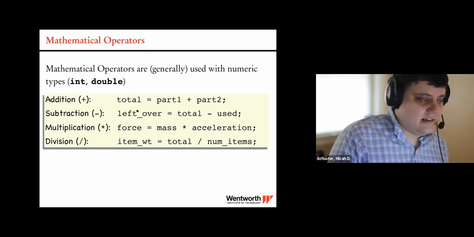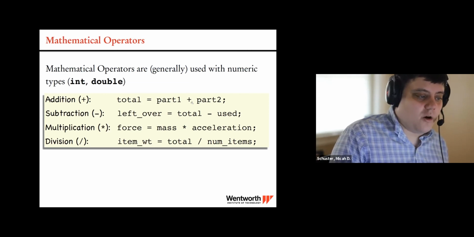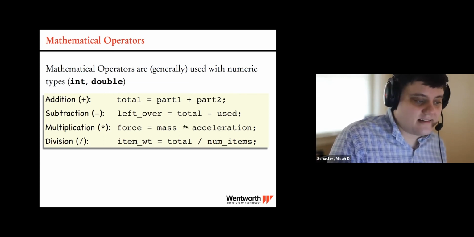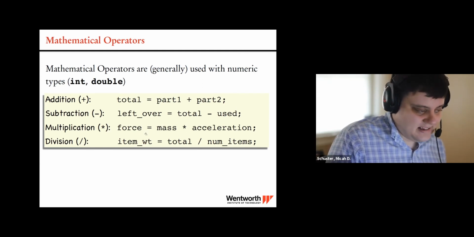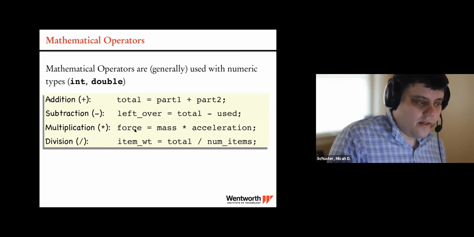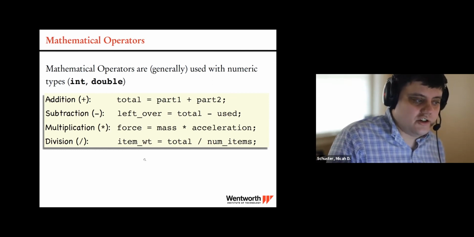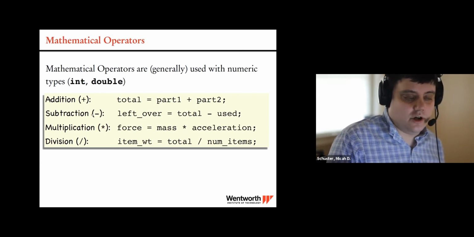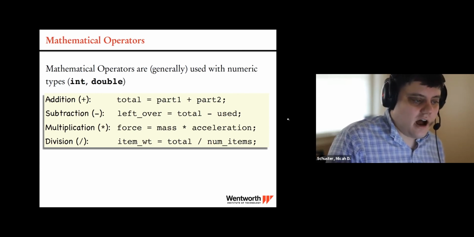So I have some value that I'm going to save to, here, part 1 plus part 2, or total minus used, or mass times acceleration. So it's being saved, in this case, into force. Total divided by num items gives me item weight, for instance. So this is how you use addition, subtraction, multiplication, and division in your code. These are the 4 standard operations.